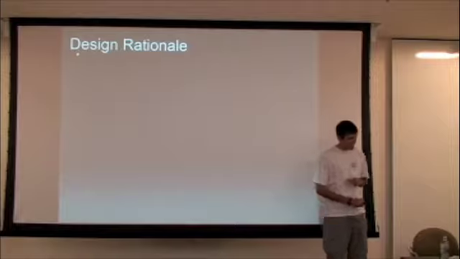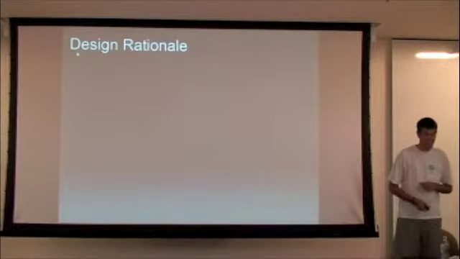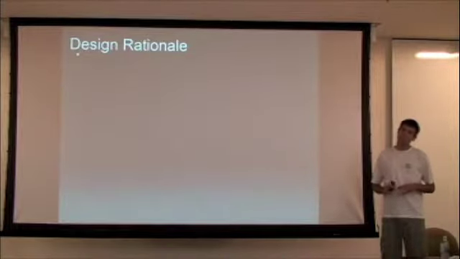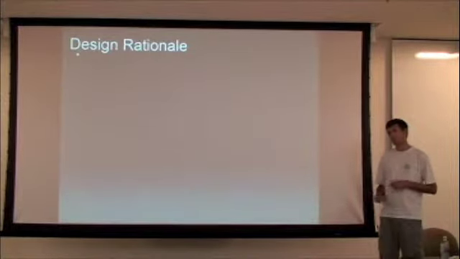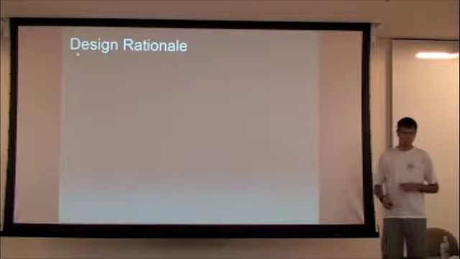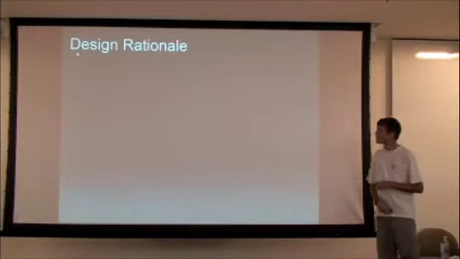Okay, so now I'll try to explain why we did things the way we did. Our design is quite similar to what Apple did with the OpenGL shader JIT compiler, and I think the rationale is quite similar.